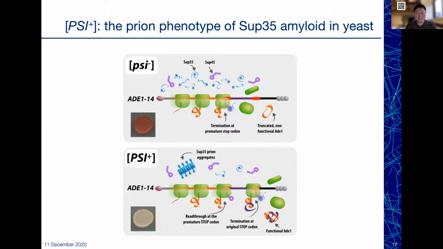To cut a long story short, we see white colonies instead of red. So we can distinguish when the yeast cells are in the prion negative state or the prion positive state.